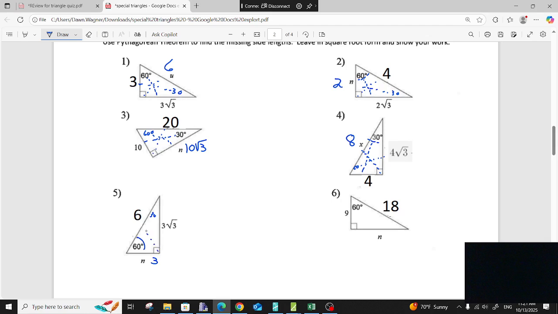Across from the 90, you just double that shortest side, so 3 times 2. So over here, across from the 30 is 9, so what's going to be this one? 9 square root 3. And when I double 9, 9 times 2 is 18.